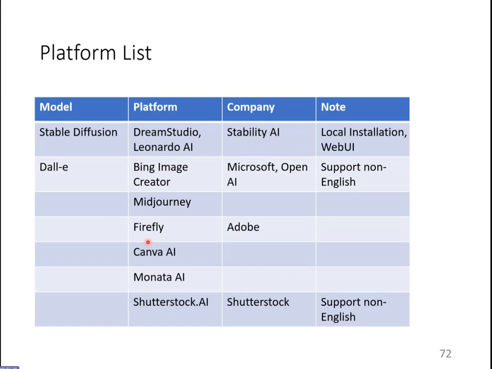So for homework 4, I expect you to create an image, and I want you to show your image in your presentation. You should explain what you found, because there are different platforms, and some of them cannot handle the text well.